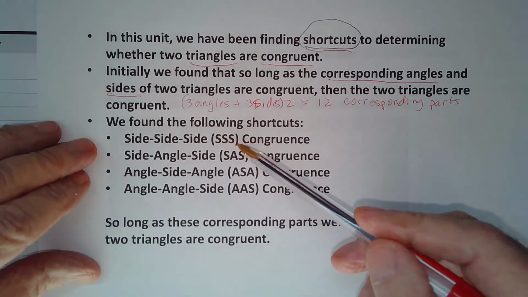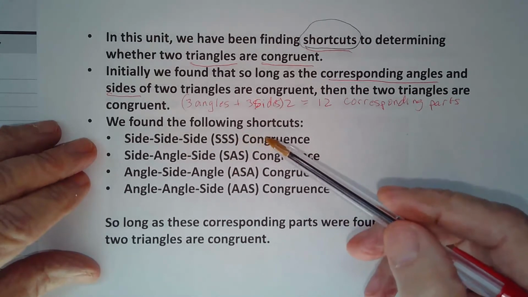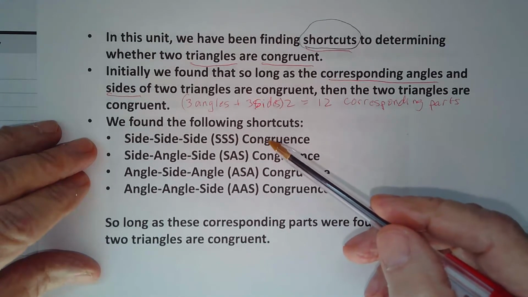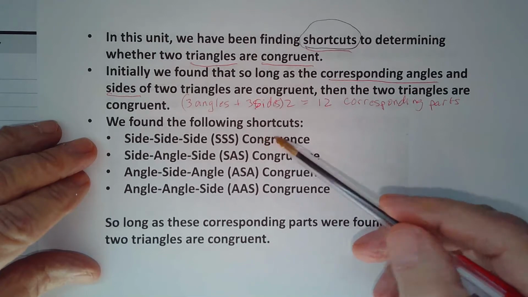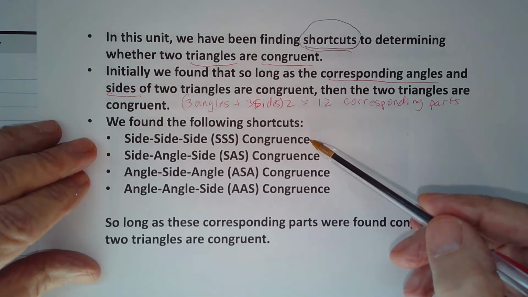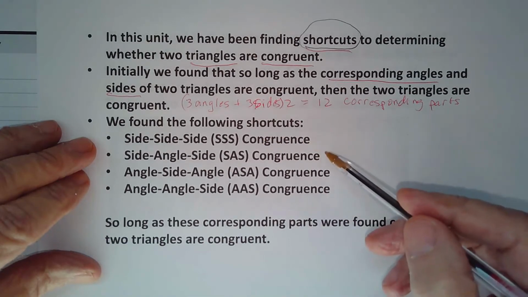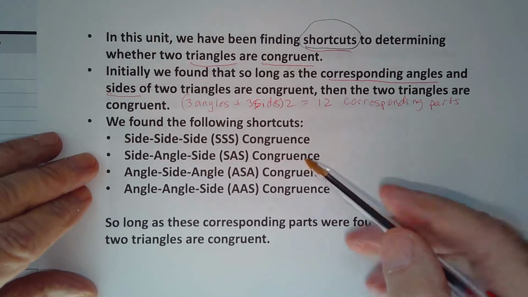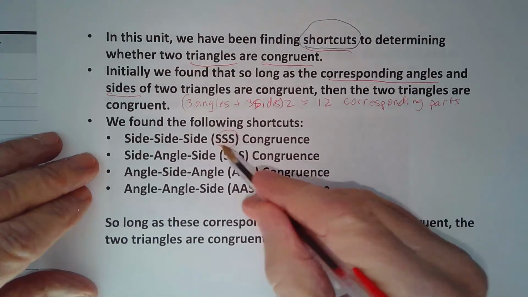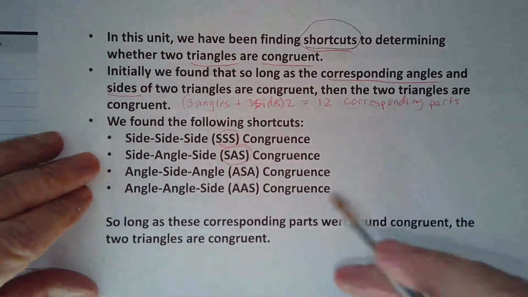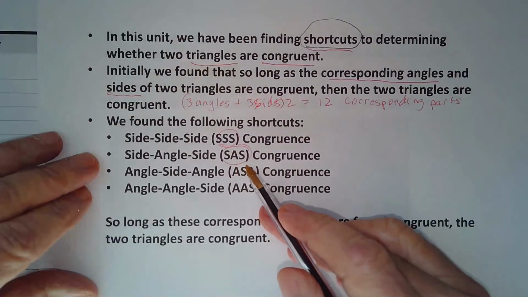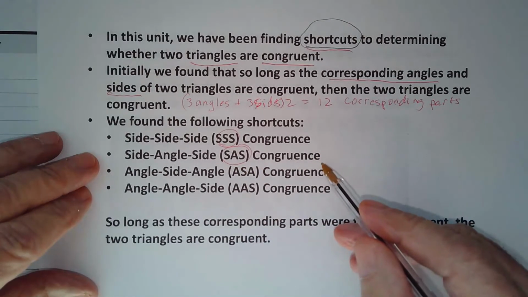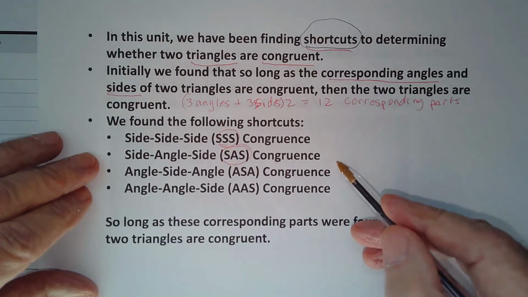Side side side congruence: the corresponding sides of two triangles, if they're congruent, then the triangles are congruent. Then we have side angle side congruence, where you have corresponding side, included angle, and another corresponding side of two triangles. If you find those things, then the two triangles are congruent.